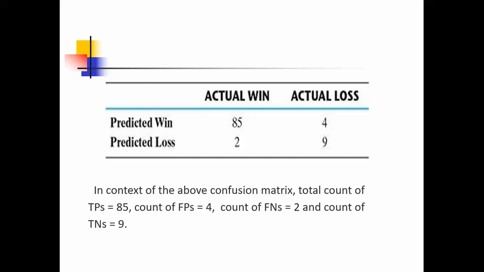The understanding of false negative is that actually it is win but it is predicted as loss, so it is considered as false negatives. In this way, by using these four terminologies, true positives, false positives, true negatives and false negatives, we are designing the confusion matrix.